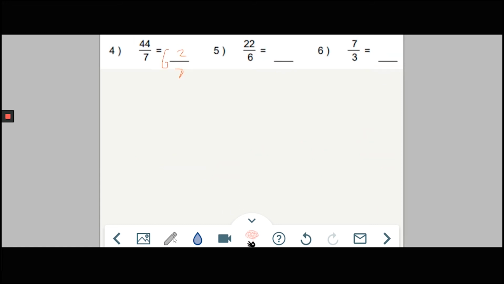All right, let's see what you can do with number 5. 6, 12, 18. We can only get to 18. How many fingers do you hold up when you count up to 18 by 6?